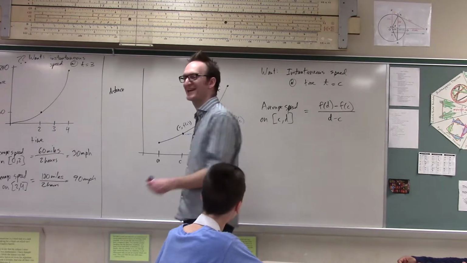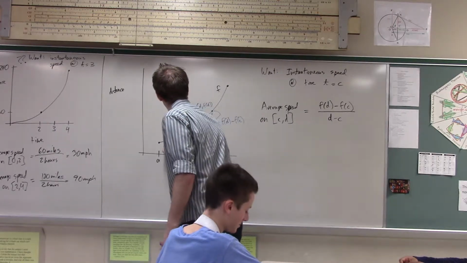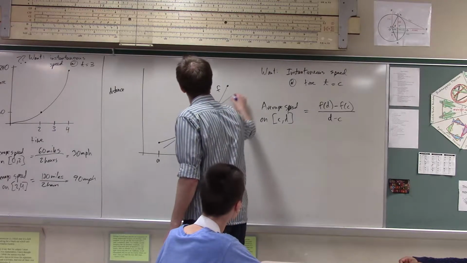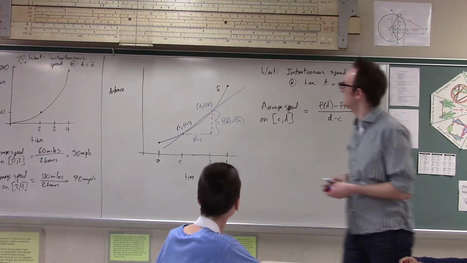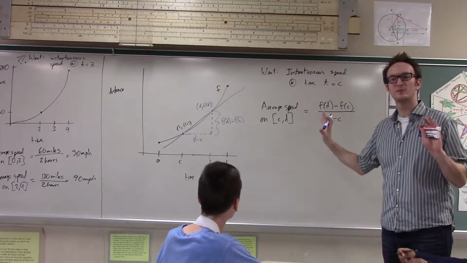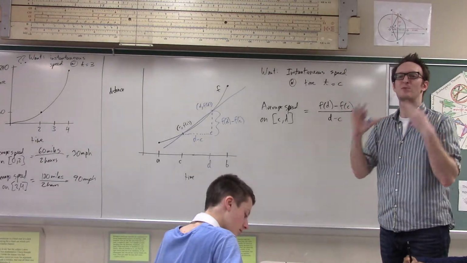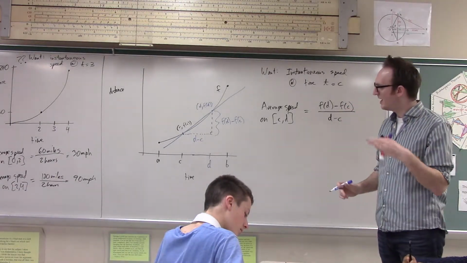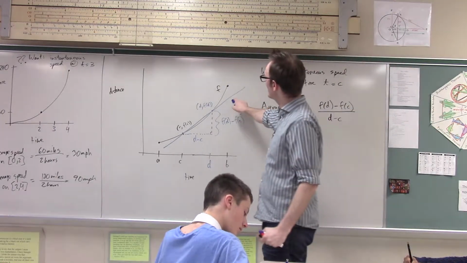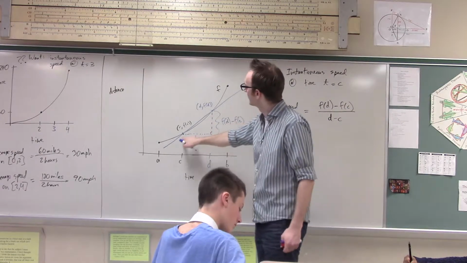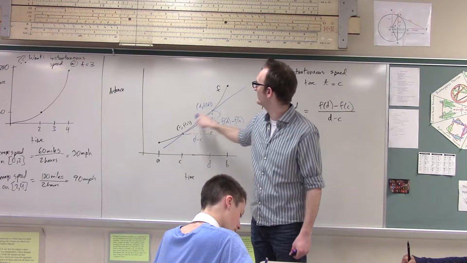Okay, I'll take that answer. Yeah, that line. The line through points C and D, right? Is everybody with me? All right, so this is easy and yet deep and important, right? This is the line which goes through the points C, comma f of C and D, comma f of D.